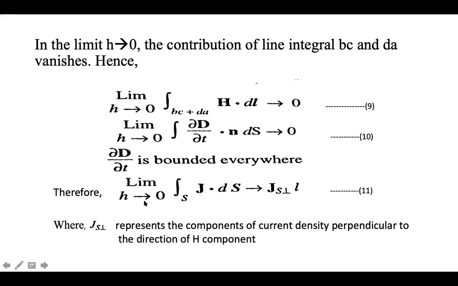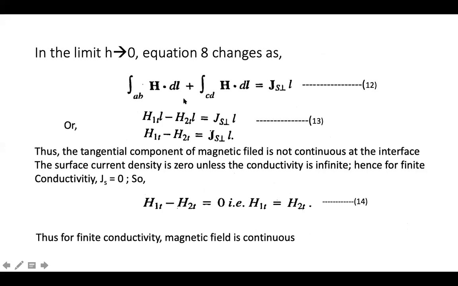The limit is under h tends to 0. This is valid only when the height of the volume which we are taking is compressing to 0, then only this is valid. And this represents the component of current density perpendicular to the direction of the H component. And then what happens to the lines AB and CD?